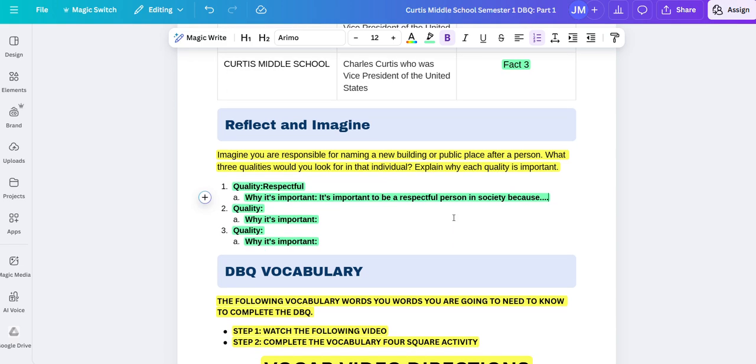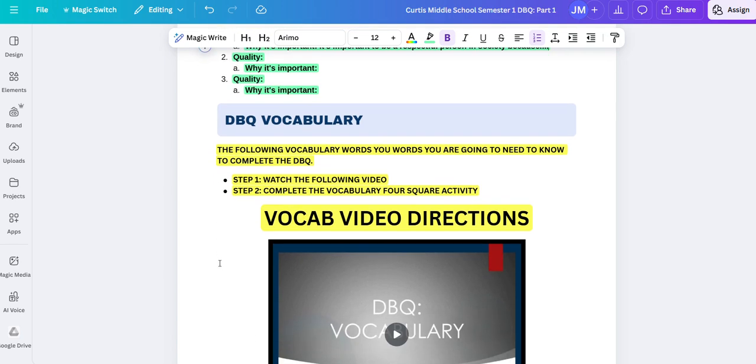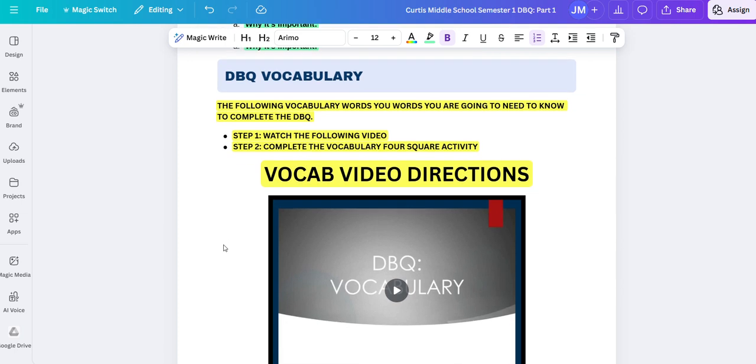Once you're done with those 3, you're going to follow along with the DBQ. This DBQ does have its own video, the DBQ vocabulary, but I'm going to read the first part. It says, the following vocabulary words are words you are going to need to know to complete the DBQ. So these are vocabulary words that are going to make it easier to understand the reading and writing when we get to those parts.